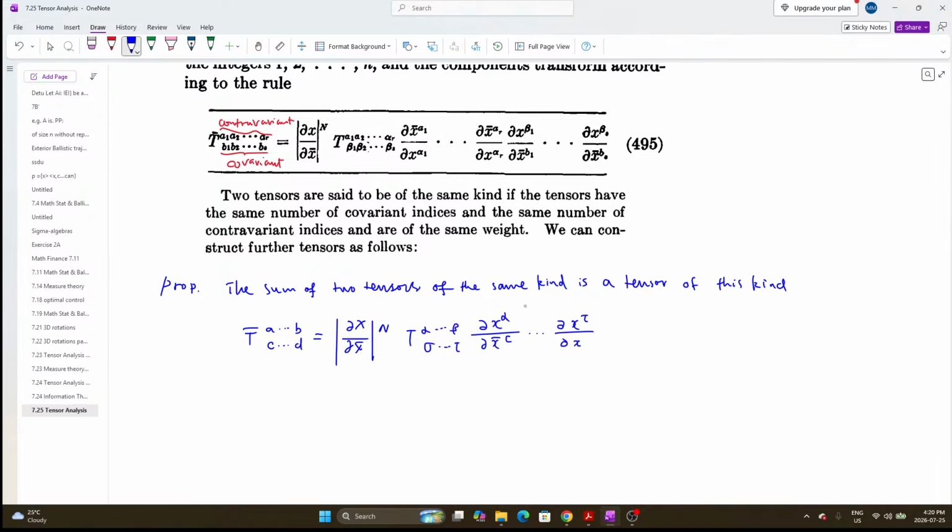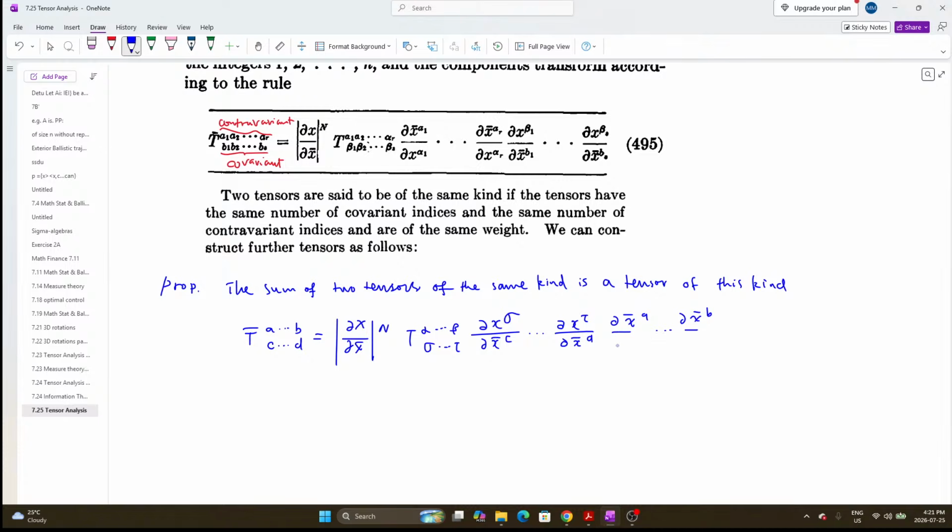So you got sigma to tau downstairs, and then this is finally dx bar to d. Yeah, to c to d conforms to the free indices here, and also dx bar a, you need dx bar a all the way upstairs to dx bar b.